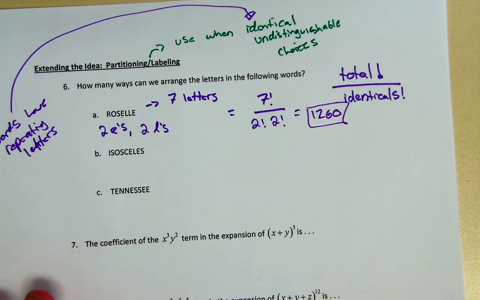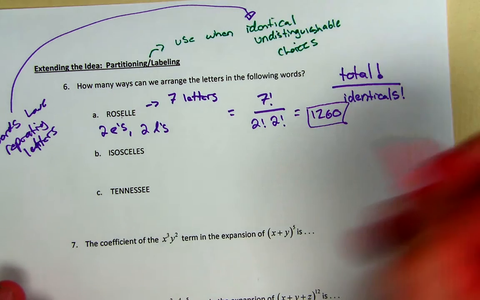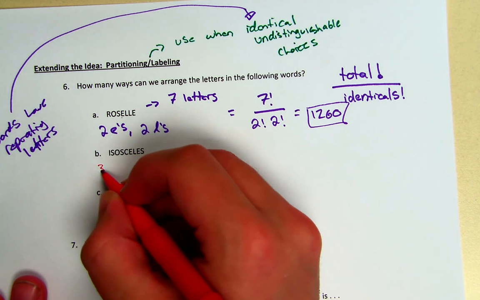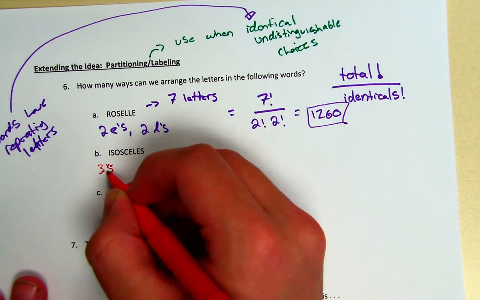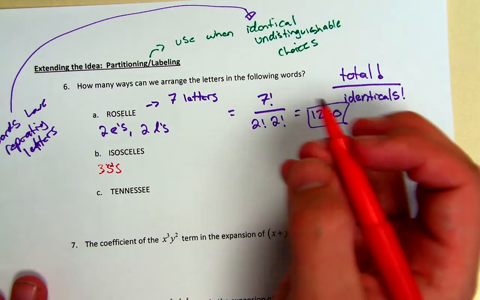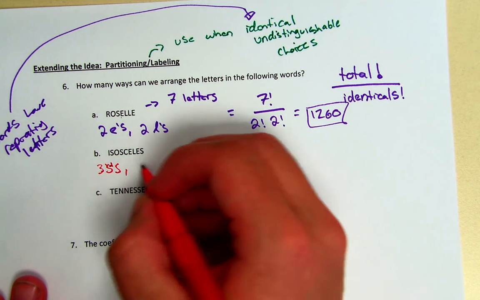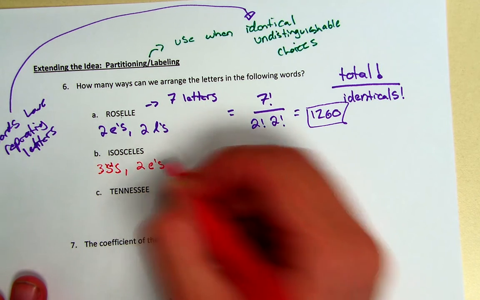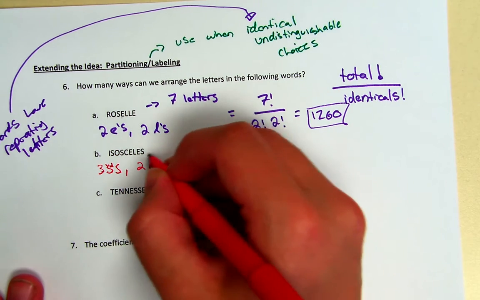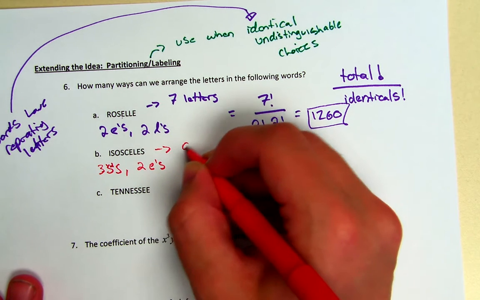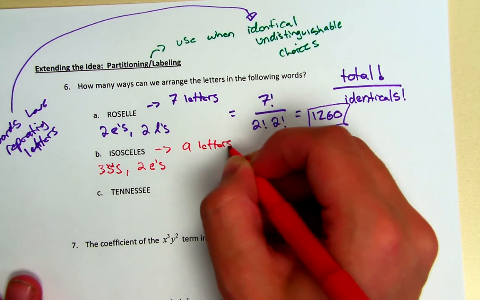Alright, so let's go ahead and do isosceles. So I've got 1 I, that's okay. I have 3 S's. Oops, that's hard to write. 1 O, 1 C, 2 E's. Alright, how many total letters do I have? 1, 2, 3, 4, 5, 6, 7, 8, 9. 9 letters.